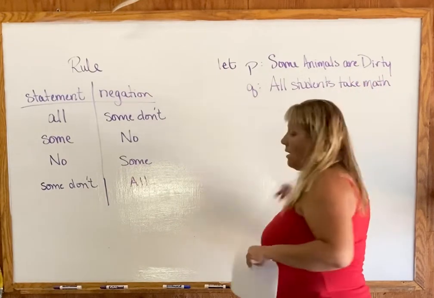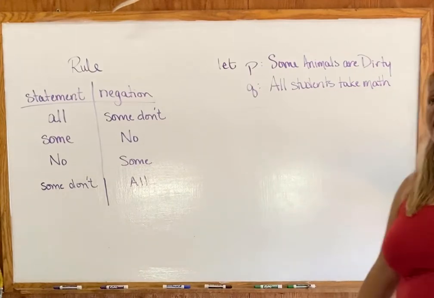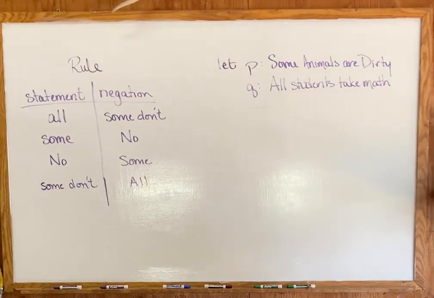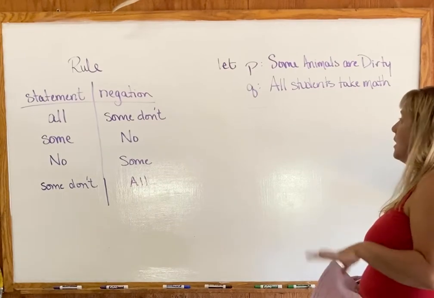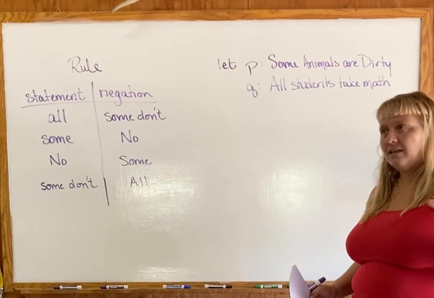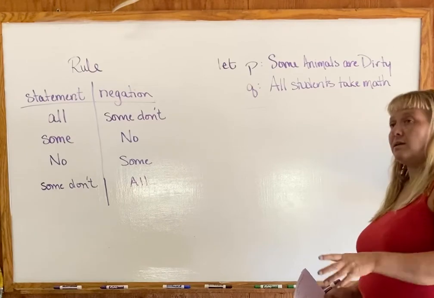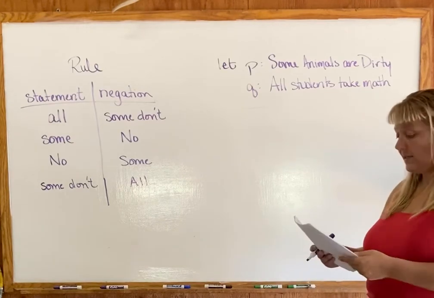Now again, I want to stress that they do not need to be true to be a statement. A statement is just a sentence that is either true or false.